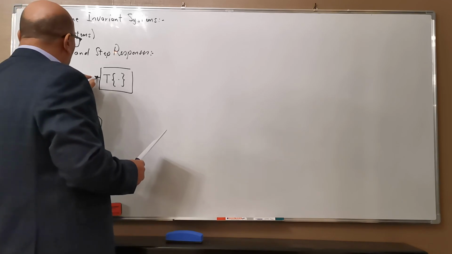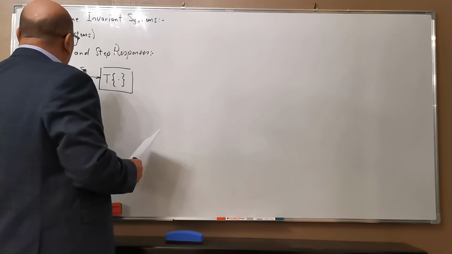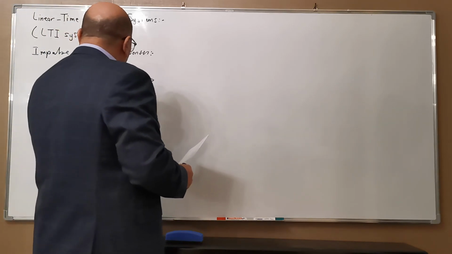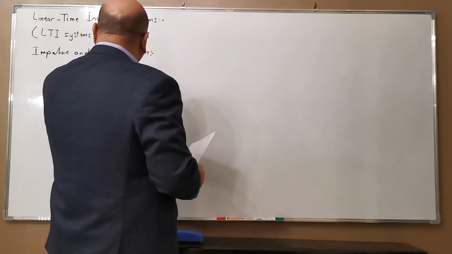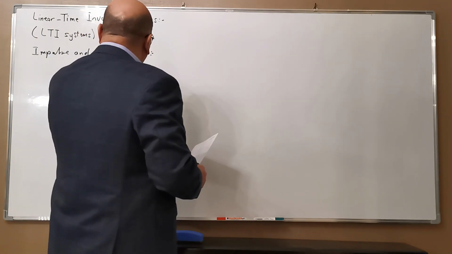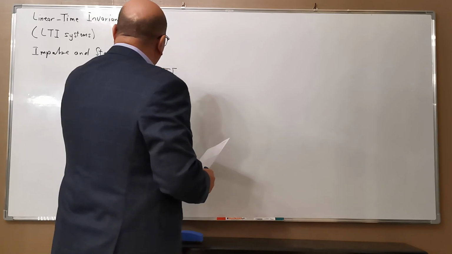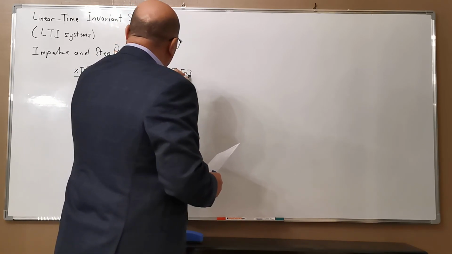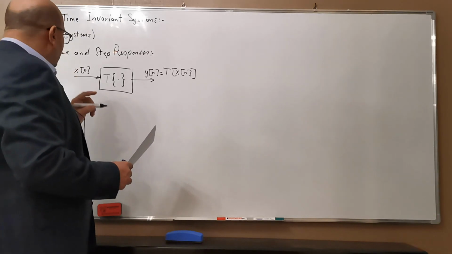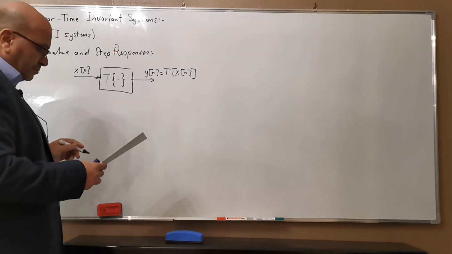Assume that we have a system, a transformation. You apply an input x of n. Supposedly you get an output y of n, which is equal to the transformation of x of n. This is any system.